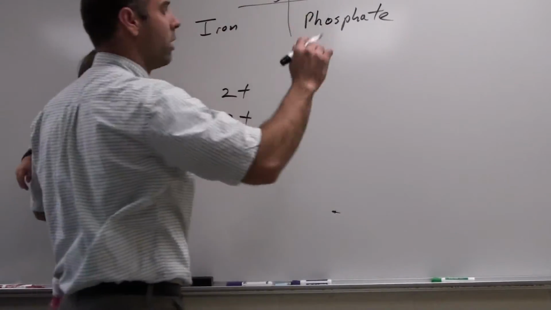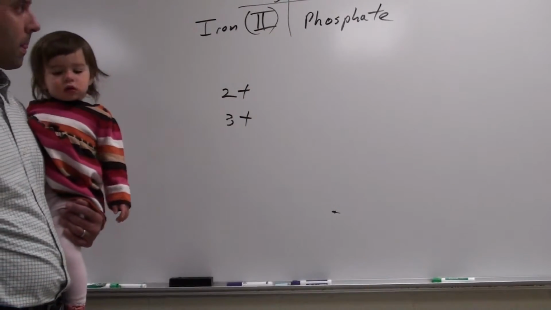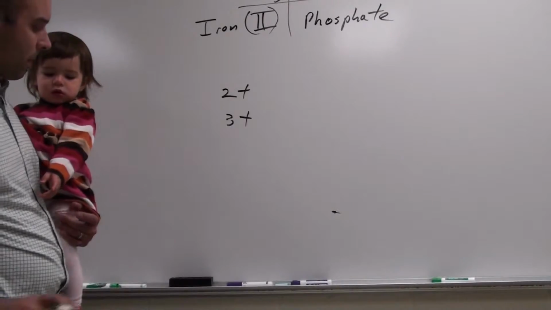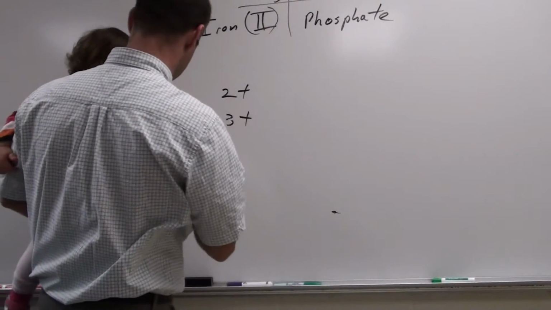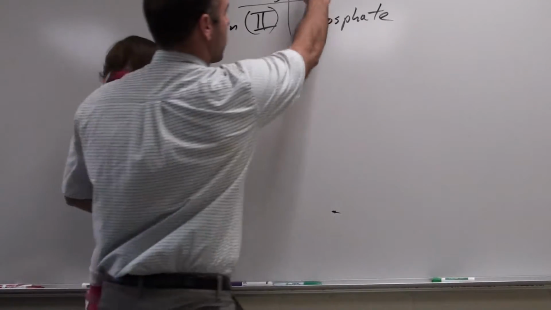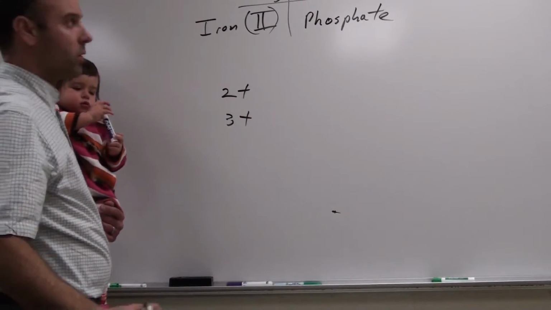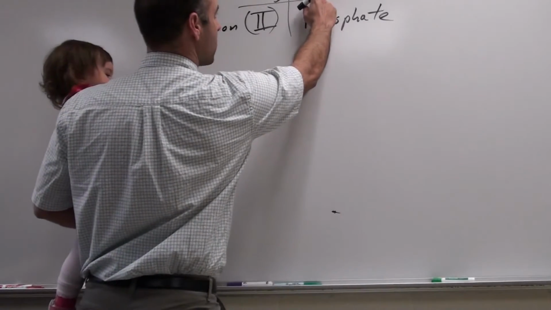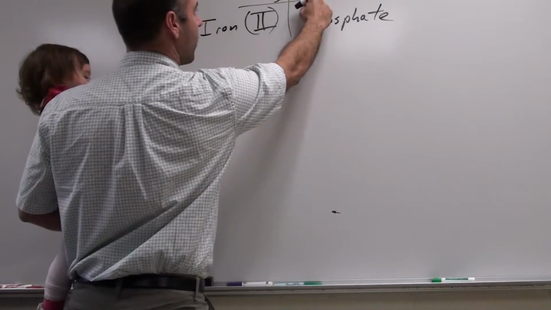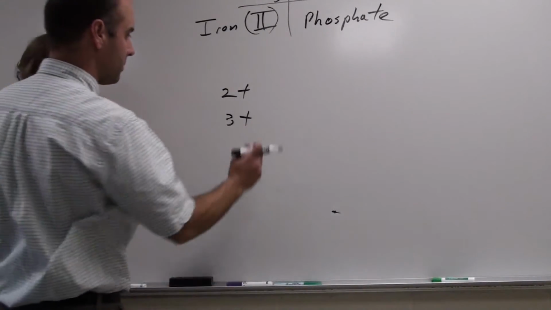So this would be iron(II) phosphate. You never change what's inside the parentheses. What's inside the parentheses always stays the same. So you do not alter the number of oxygens inside there or alter the phosphorus in any way.